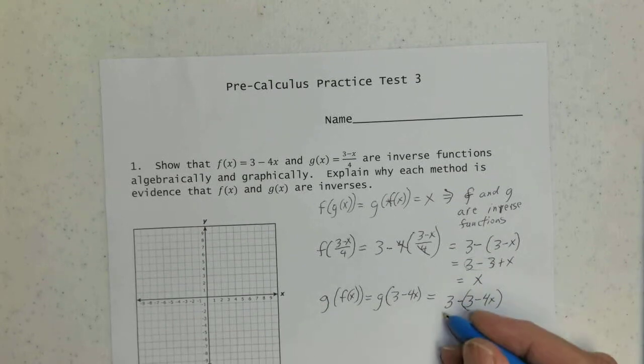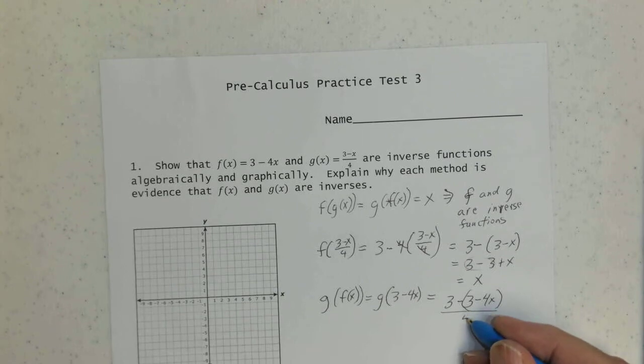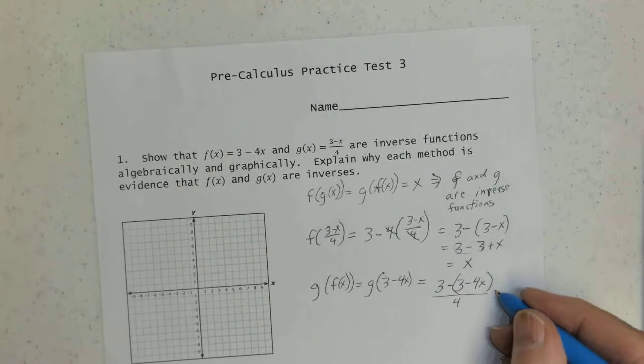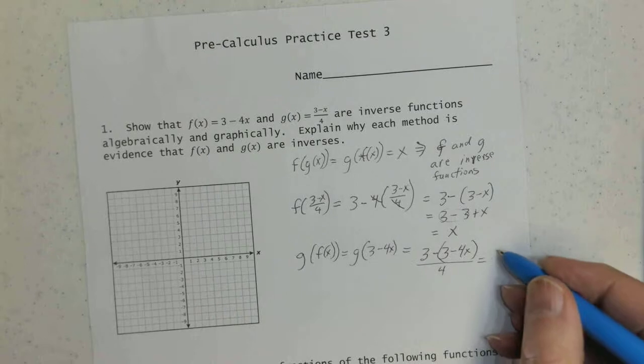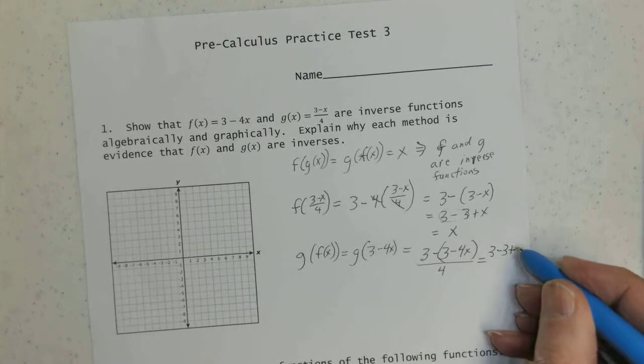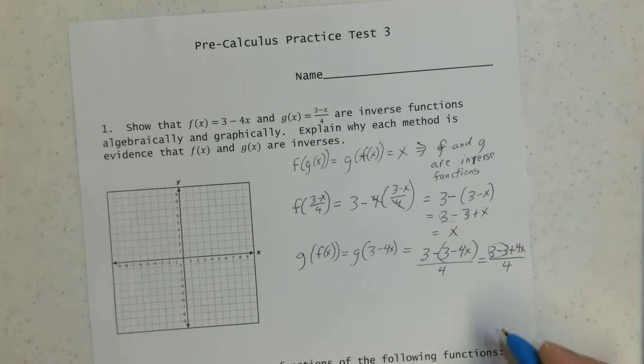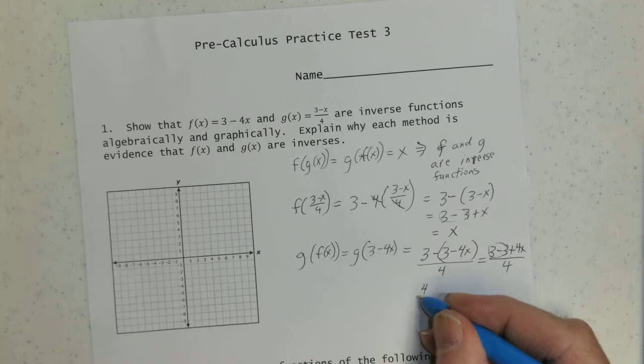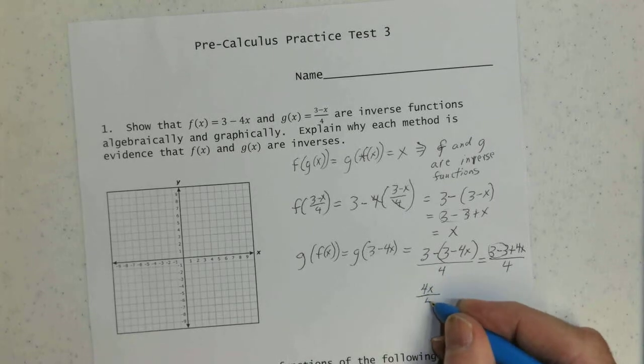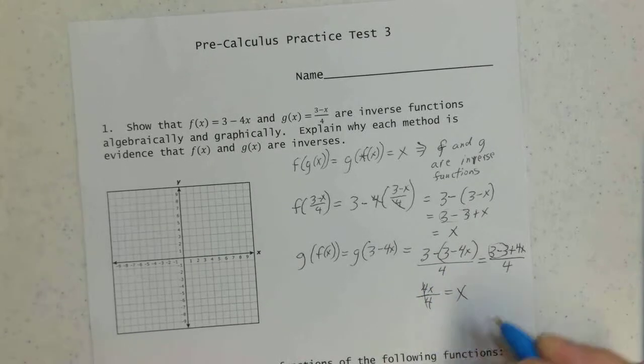Those parentheses are kind of important there. Over 4. Let me simplify the numerator here, or just get rid of the parentheses. 3 minus 3 plus 4x over 4. 3 minus 3 is 0. So we're looking at 4x over 4, which is x.